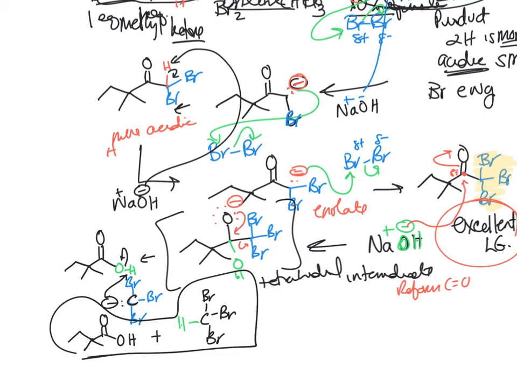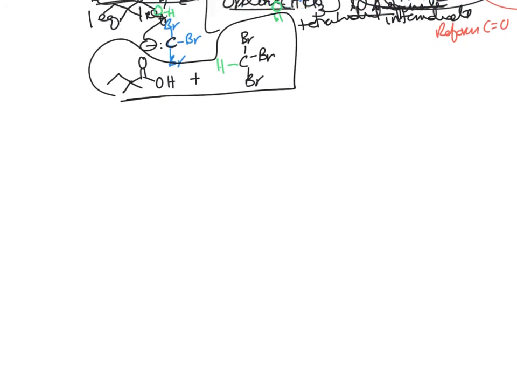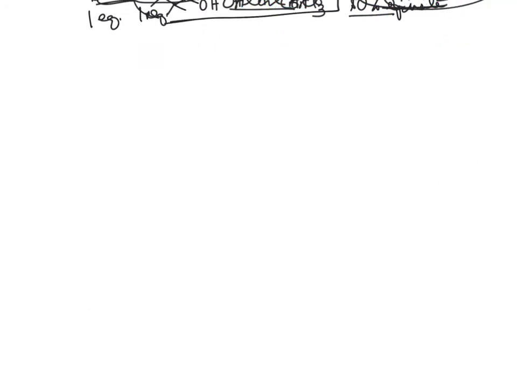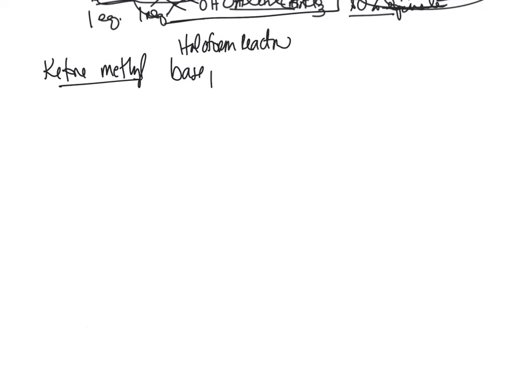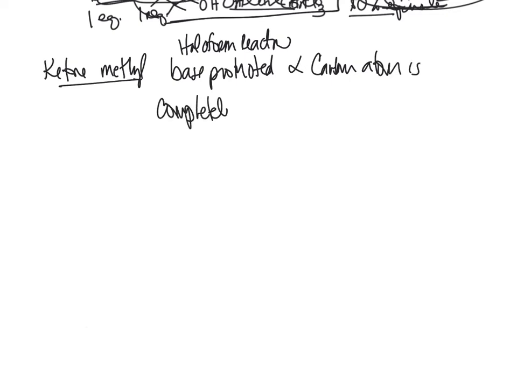So it is a methyl ketone, base promoted, where the alpha carbon is completely halogenated. I'll just write the little summary here. So the methyl ketone, it's base promoted, alpha carbon atom is completely halogenated.